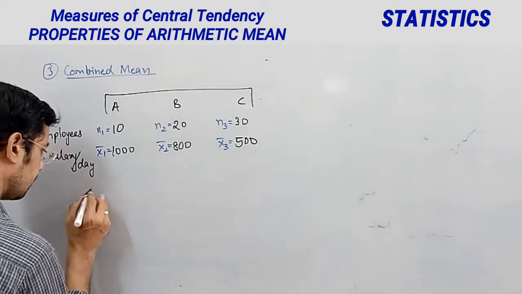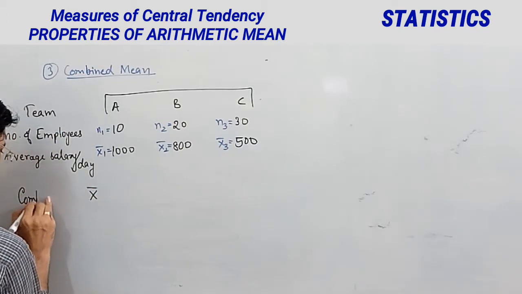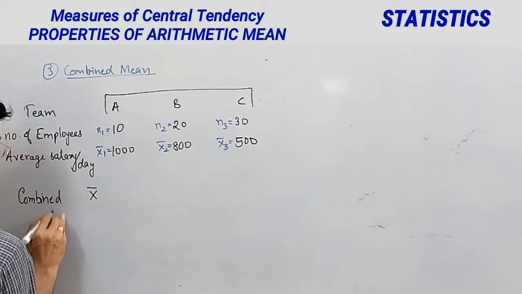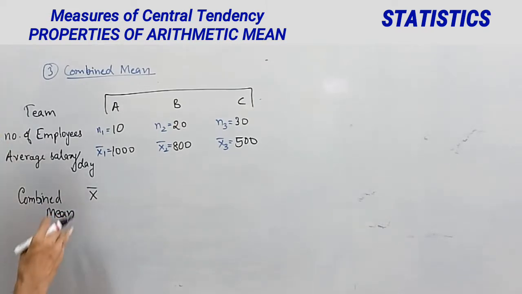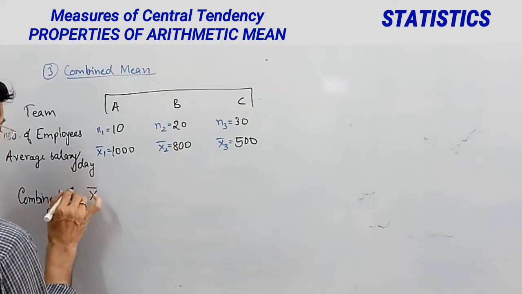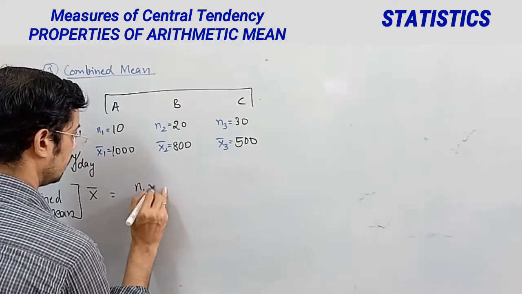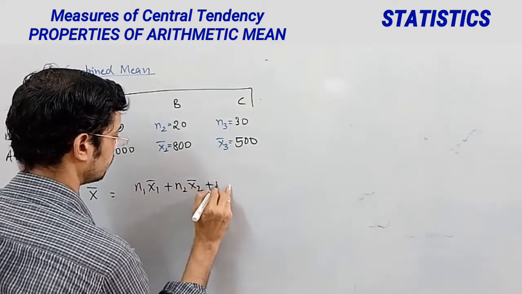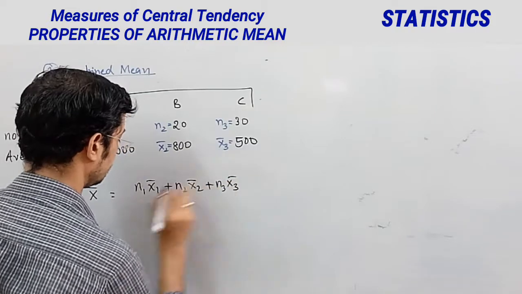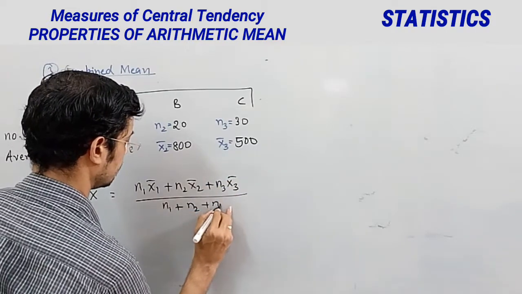The formula is X bar, the combined mean, X bar will be equal to N1 X1 bar plus N2 X2 bar plus N3 X3 bar divided by N1 plus N2 plus N3.